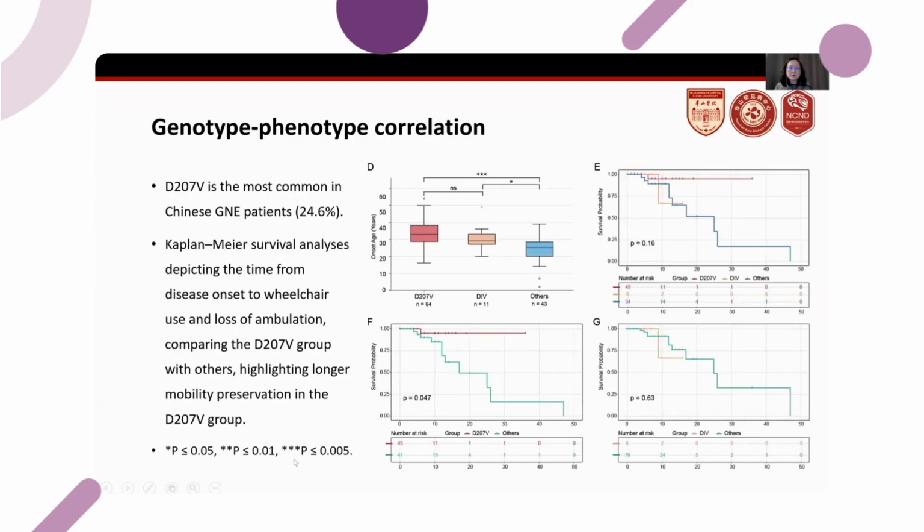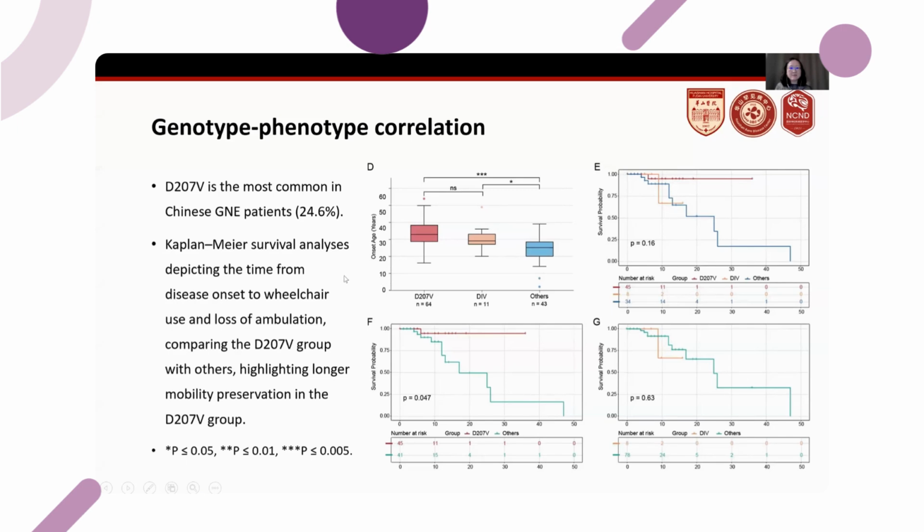We also performed a genotype-phenotype correlation by retrospectively asking the patients to recall their history and the year they lost their ambulation. D207V is the most common mutation in the Chinese cohort.